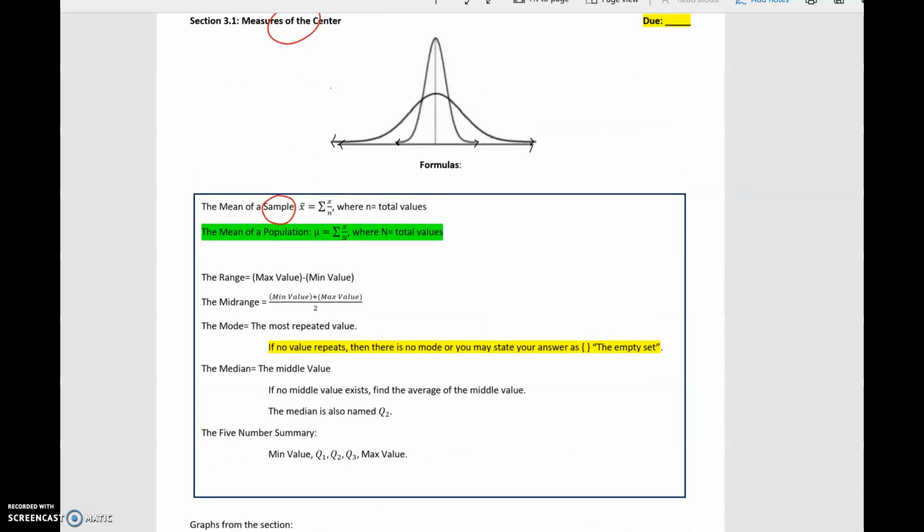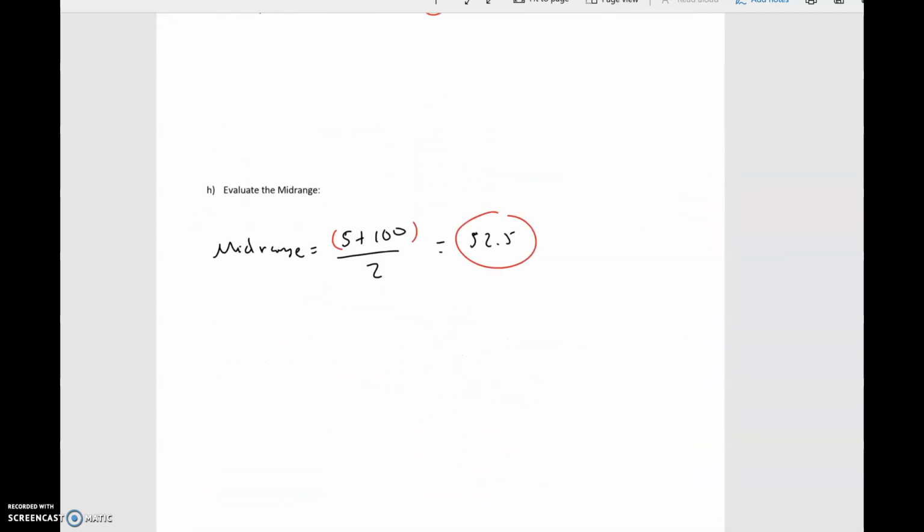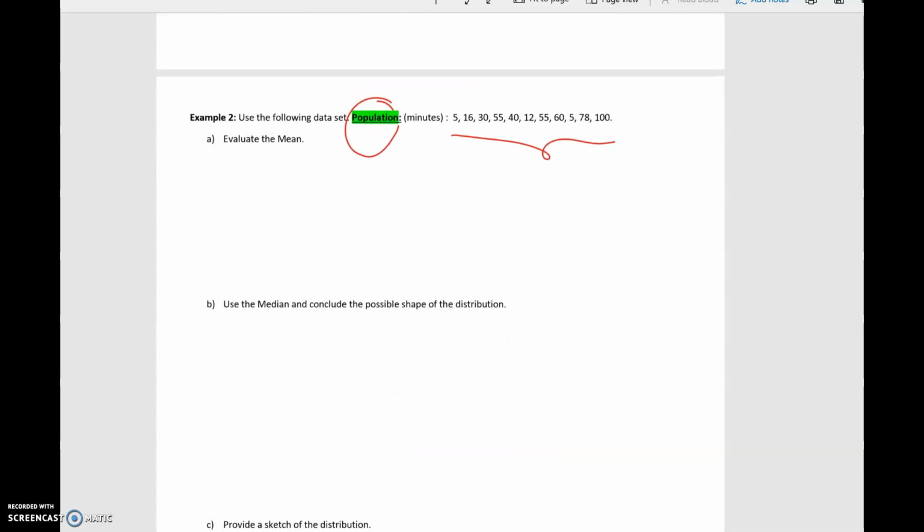Now, if we're defining this one to be the mean of a sample, that's x bar, the sum of the x's divided by n. But if you're calling this a population, which in this case is just an assumption, you would be using the variable mu, which is equal to the sum of the x's divided by n. Now, you don't have to recalculate anything on the means for raw data.